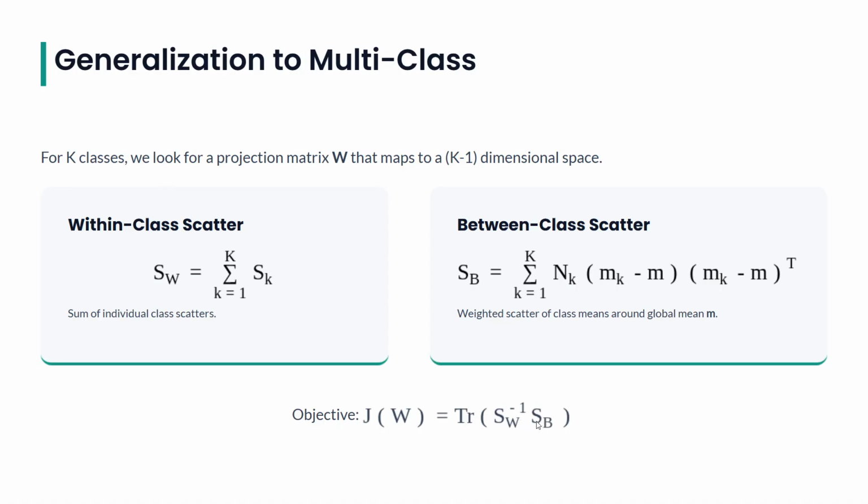Now, why are we doing the trace of SW inverse SB? Because this is actually SB upon SW. As we learned in our previous binary class separation, it was W transpose SB W upon W transpose SW W. In that case also we want to maximize it.